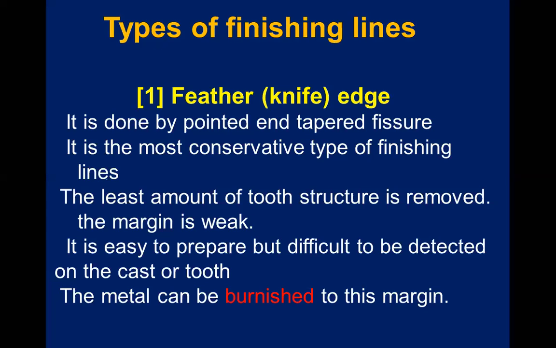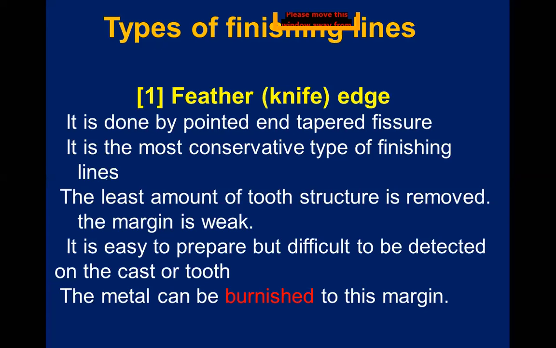We can change the type of the margin into a more adapted margin on the tooth structure by doing burnishing, by thinning, by making the margin thinner and thinner until we can press it with an instrument or any way on the margin.